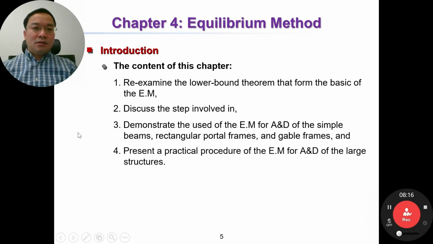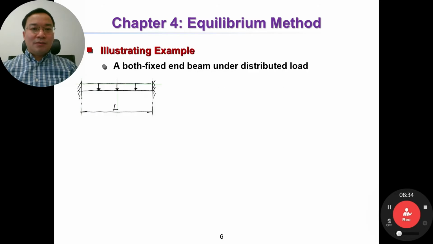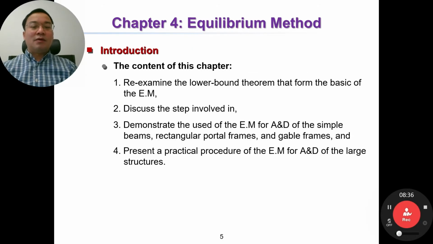And the fourth is to present the practical procedure of the equilibrium method for analysis and design of large structures. That is the content of this chapter 4.